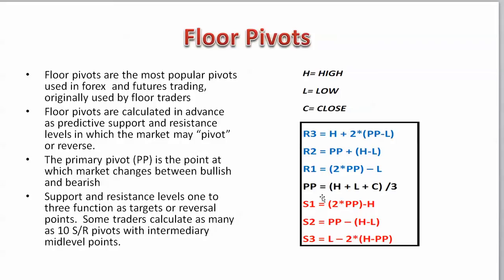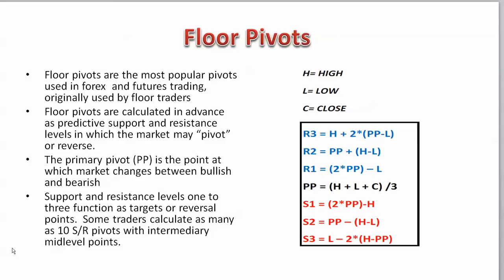Now support and resistance, and we see on the bottom comment here, support and resistance levels 1 to 3 act as targets or reversal points, and some traders calculate as many as 10 support resistance areas, meaning that there's 20 different lines they may have on their chart. Now in a very fast moving, very active market, they'll trade those.